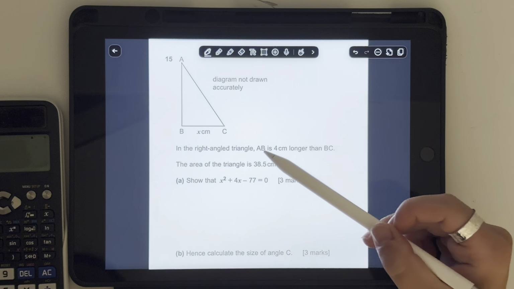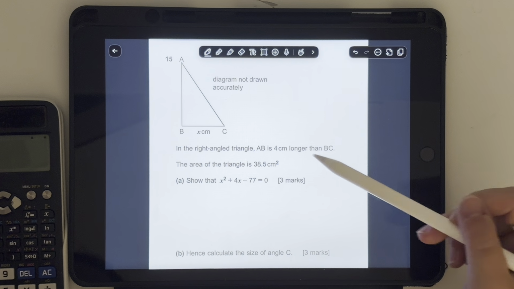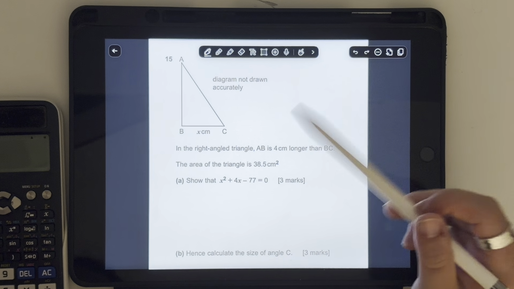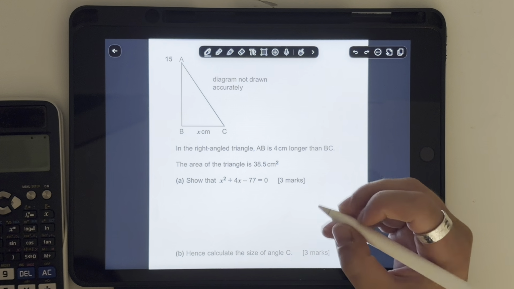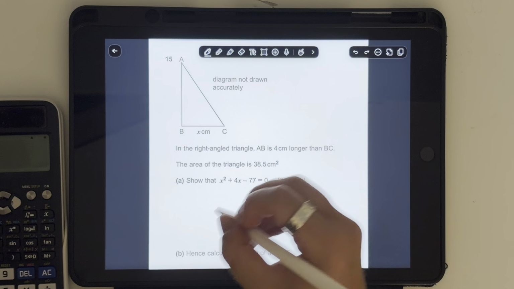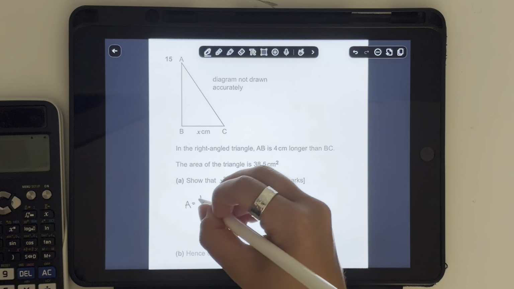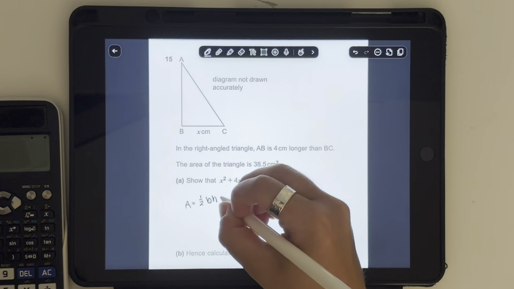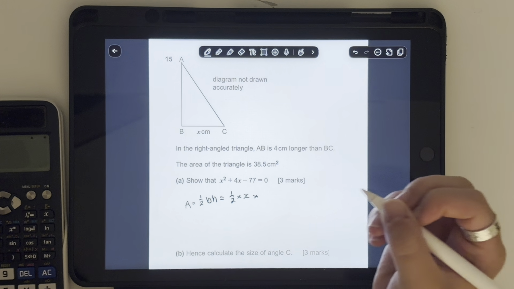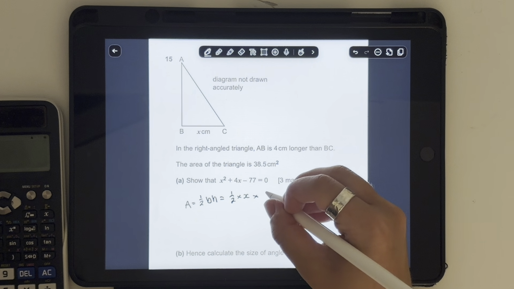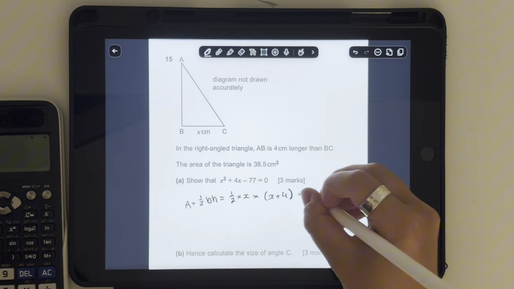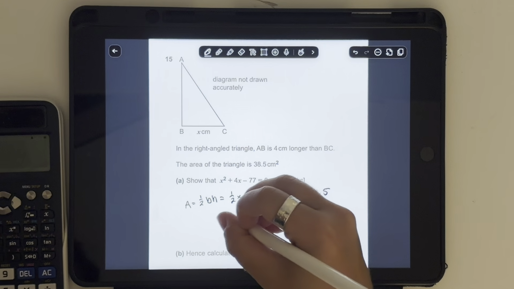Okay, in the right angle triangle, AB is 4 centimeters longer than BC. The area of the triangle is 38.5. So we need A equals half base times height, just half times x times x plus 4, and that is equal to 38.5.